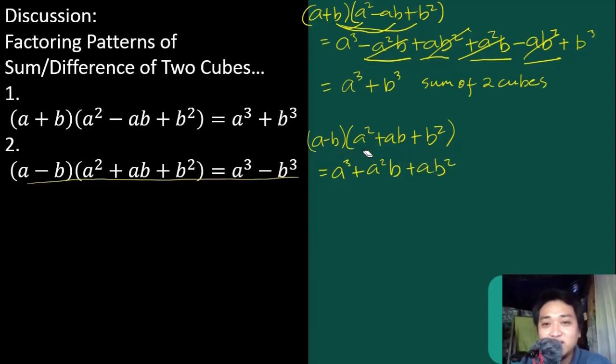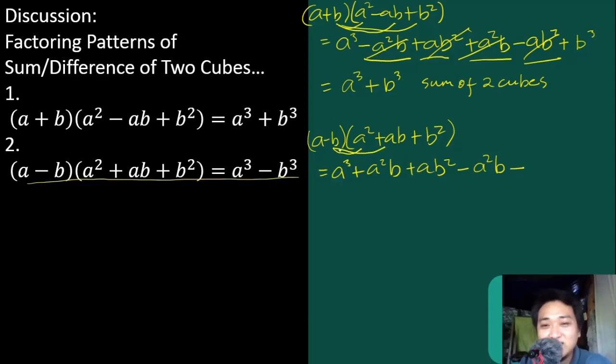Okay, so meron na. Next, negative B times positive is negative. Negative B times A squared is negative A squared B. Good. And negative times positive uli, negative uli.